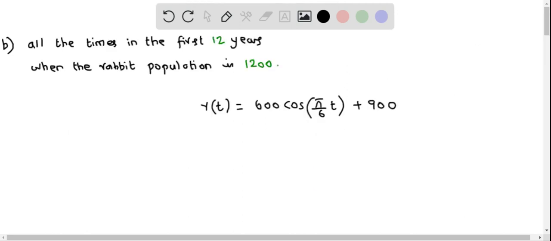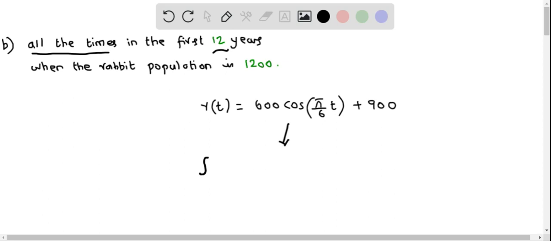Let's answer part B. So here we have to determine all the times in the first 12 years when the rabbit population is 1200. So first let's understand this number 12. It basically represents the period of this cosine function. For that we can compare this cosine function with the standard cosine function.